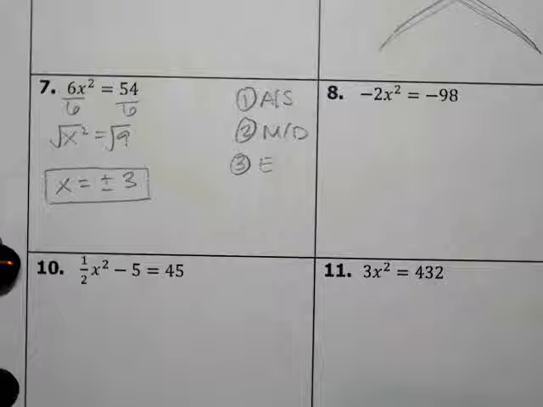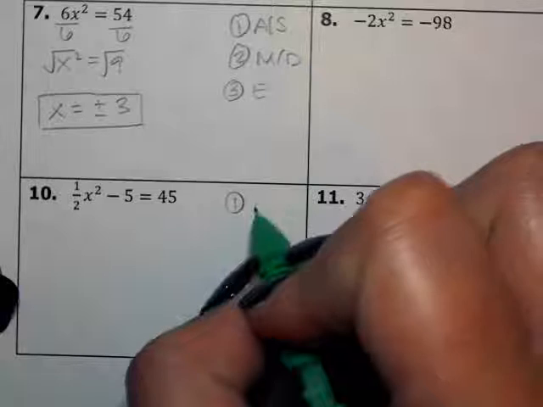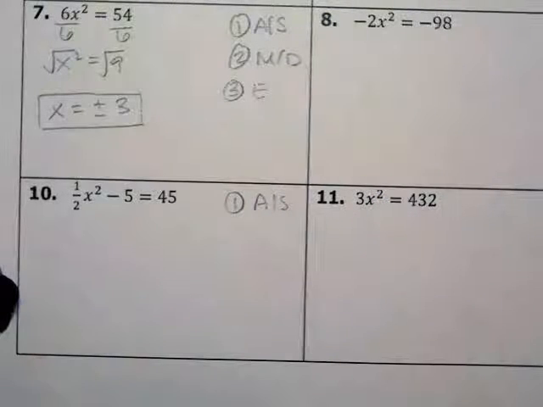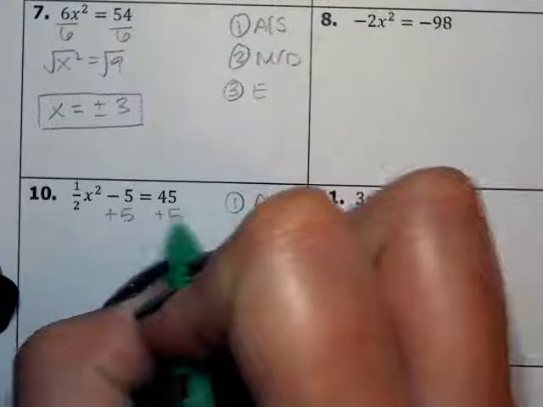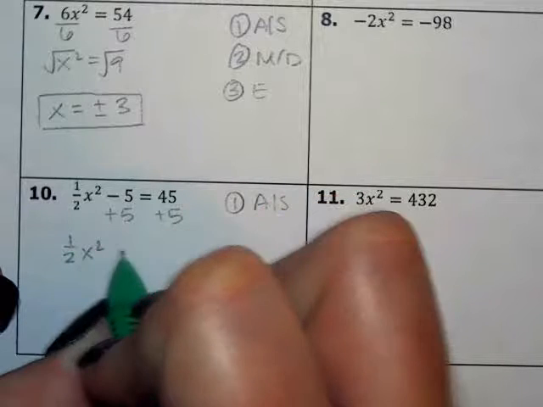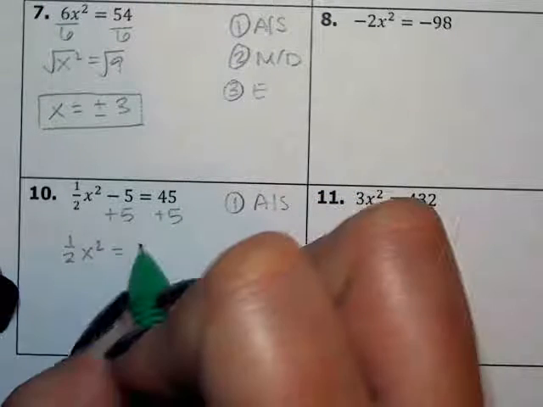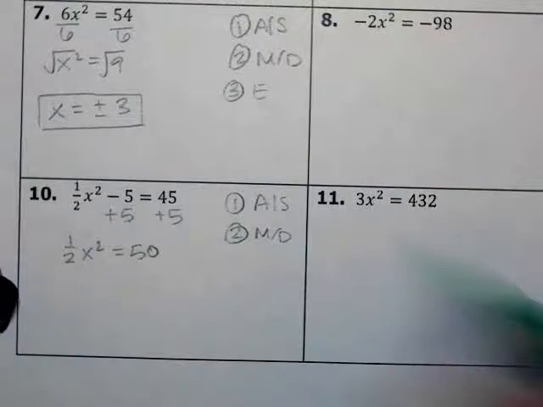All right, let's look at number 10. Is there something you could add or subtract to the other side to start getting x alone? It's the 5. So we add the 5 over. Okay, so we get 1/2 x squared equals 50. And then, is there something you could multiply or divide over to the other side? Yes. You could multiply by 2.